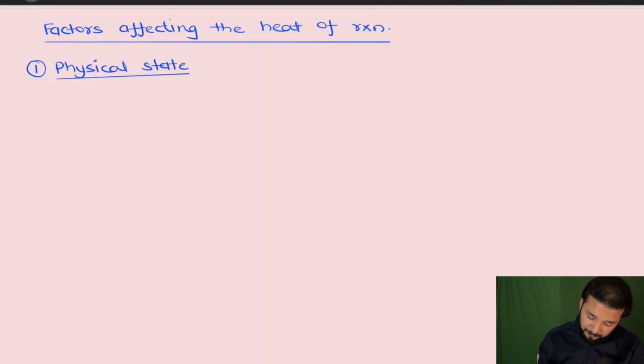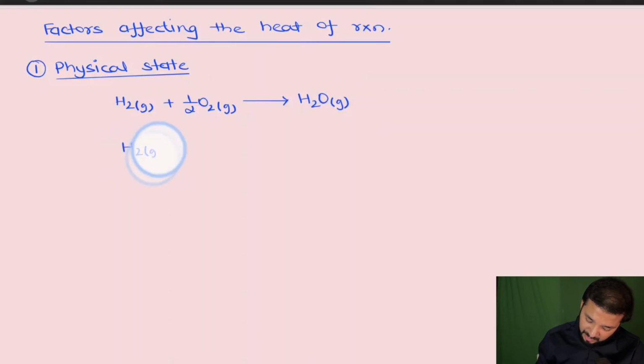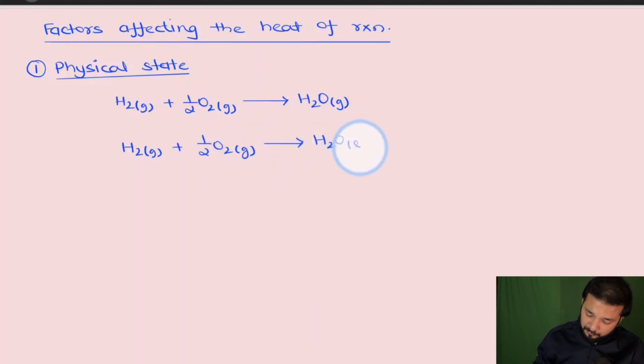For example, if I write a reaction as H2 gas plus half O2 gas giving us H2O gas, and a second reaction, H2 gas plus half of O2 gas giving us H2O liquid. Now delta H of this reaction, let's say, is X1.